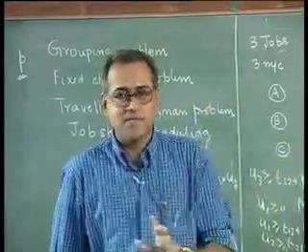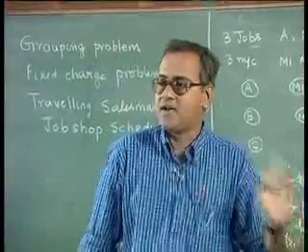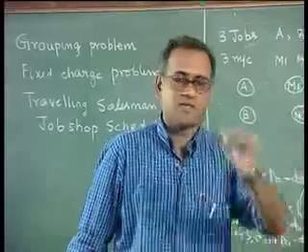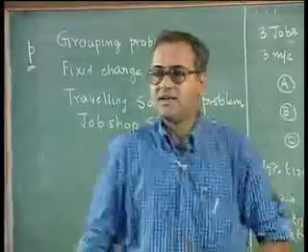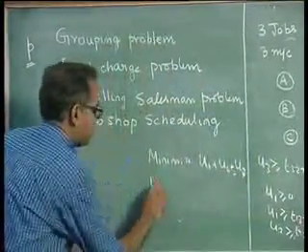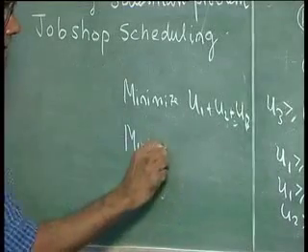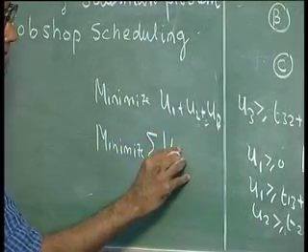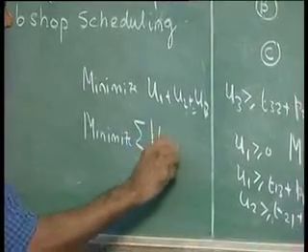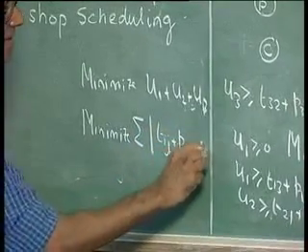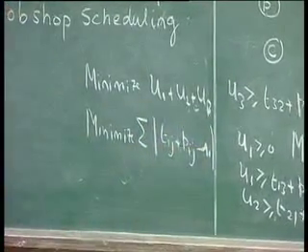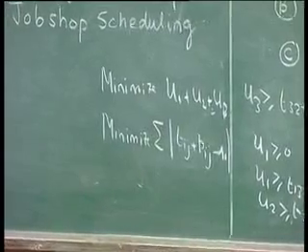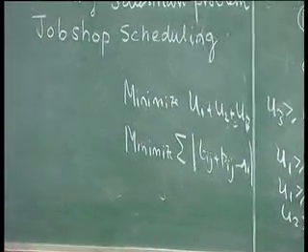If you want to minimize not only the sum of tardiness, but the sum of earliness as well as tardiness, then you will end up doing minimize sigma modulus of Tij plus Pij minus Di. There are certain situations where even earliness is not desirable.